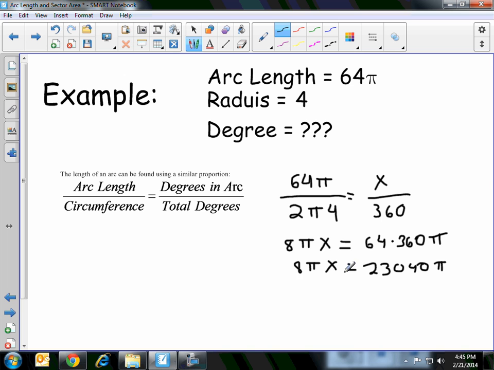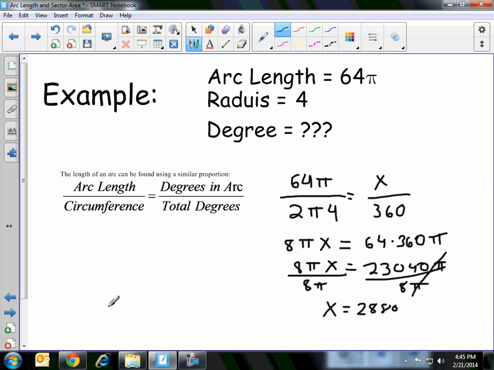I'm going to divide both sides by 8 pi. The pi's are going to cancel. We get this huge number divided by 8, so we get x equals 2,880.